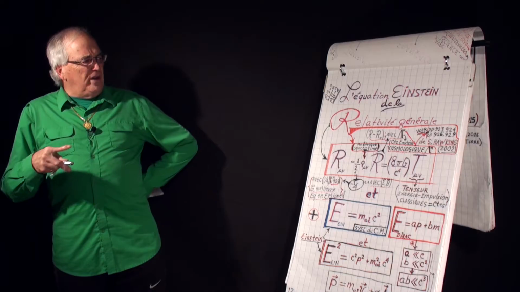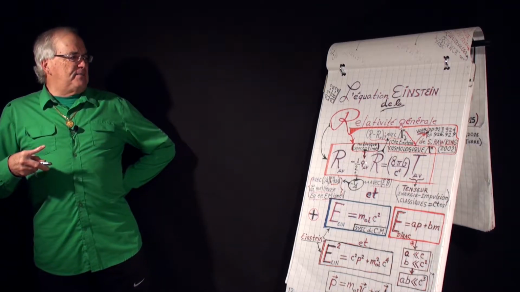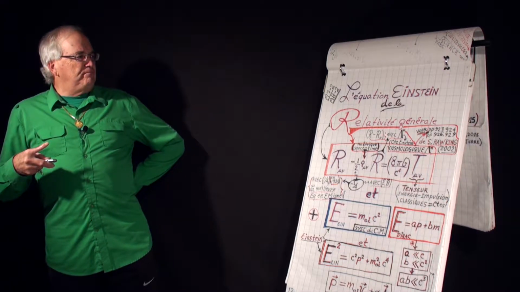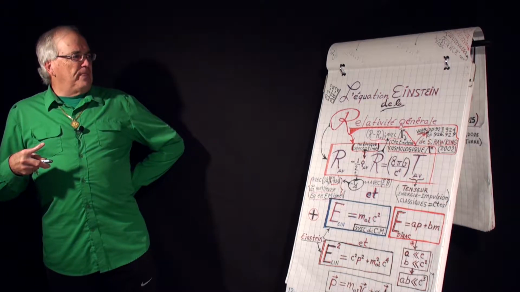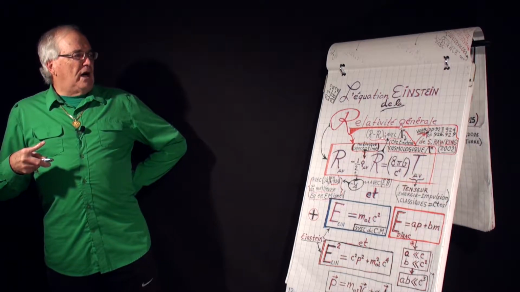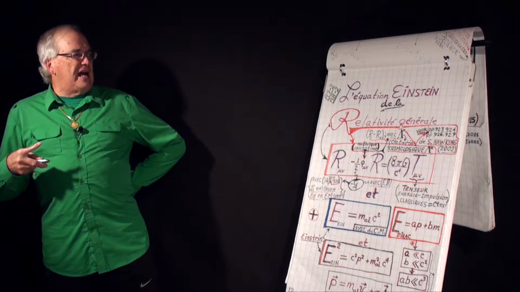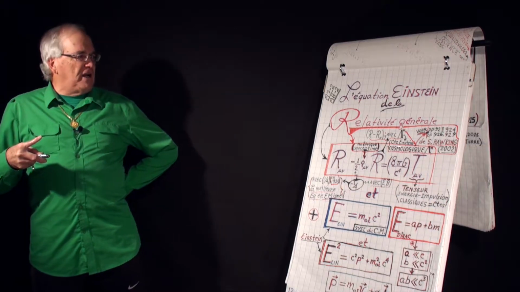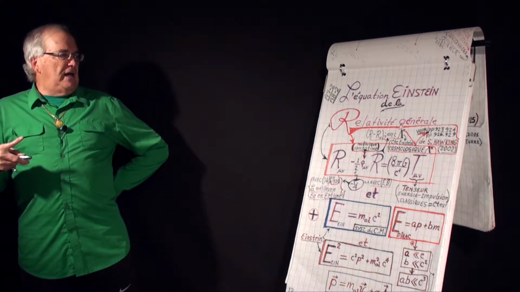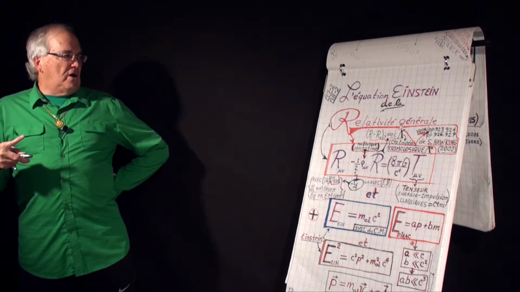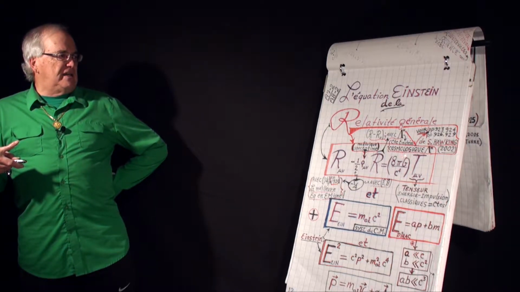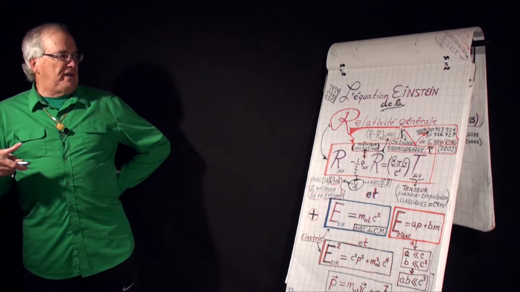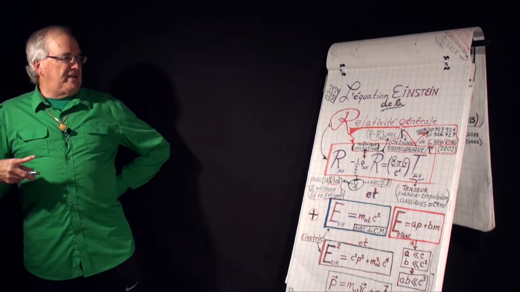I won't go into much detail there, except to say that here you have what Einstein called the cosmologic constant. This is related to the Hubble constant. Actually, the Hubble constant is the Einstein cosmologic constant divided by 3, probably because of the 3 directions.